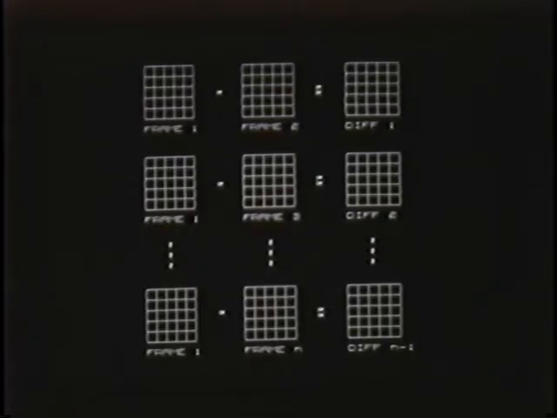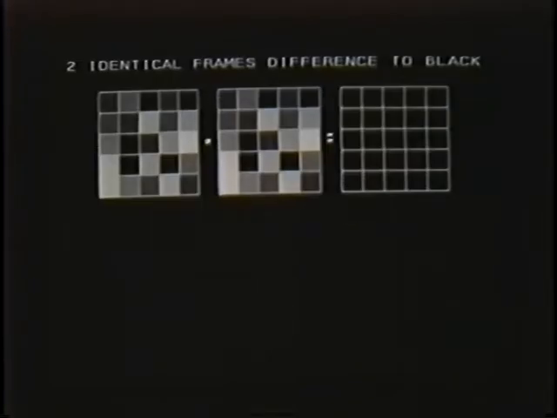So frame 1 minus frame 2 produces differenced frame 1. Frame 1 minus frame 3 produces differenced frame 2, and so on. We end up with one less than the number of frames we started with. Since we had 16 original Lake Mead frames, we will have 16 minus 1, or 15 difference frames.